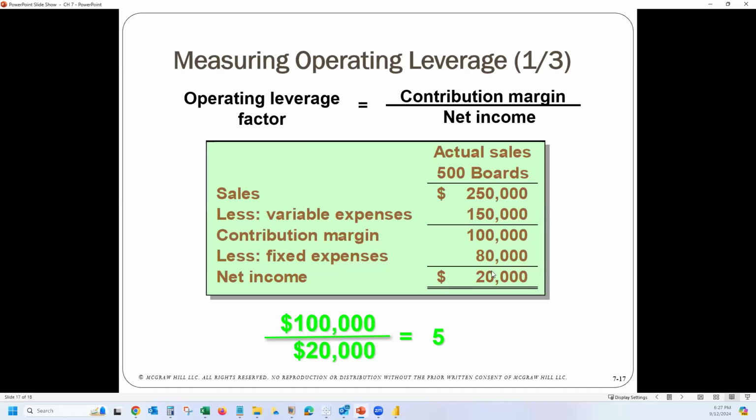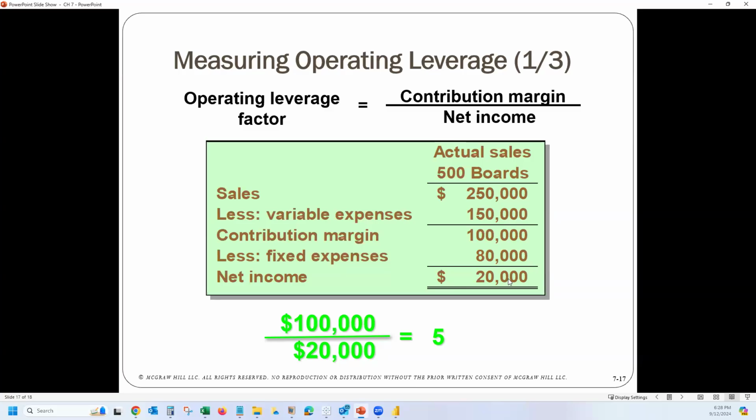In this example here, the sales amount is $250,000 for the softboard we looked at earlier, at 500 softboards. And then the variable cost is $150,000, and then the contribution margin is $100,000, minus the fixed cost, you have a net profit of $200,000.